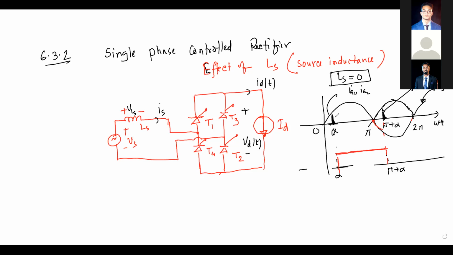Then if we follow the voltage, if T1 and T2 are on and these are off, then your VD will be your VS. We are still considering LS equal to 0. I'm just reviewing before the break. So your output voltage will be like this.